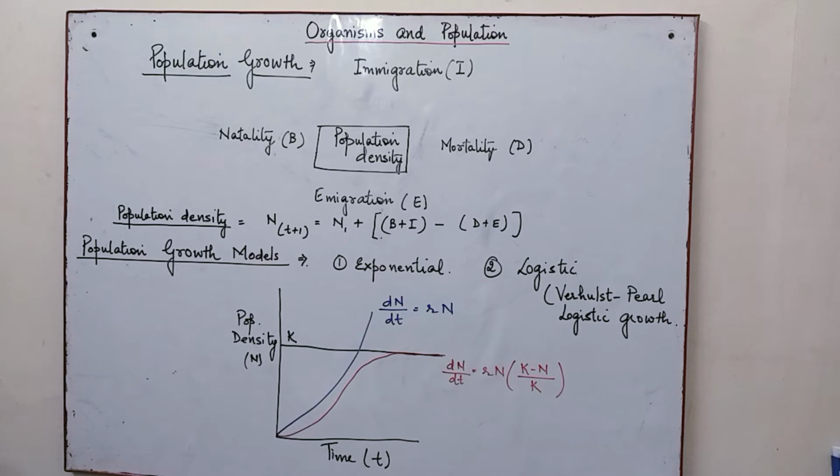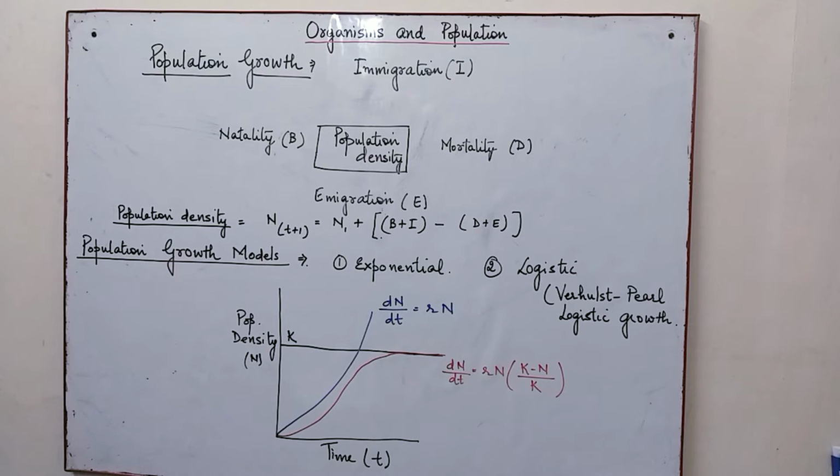For example, because of lack of food availability, the species may move from that particular habitat in search of better food, to a place where better food is available.